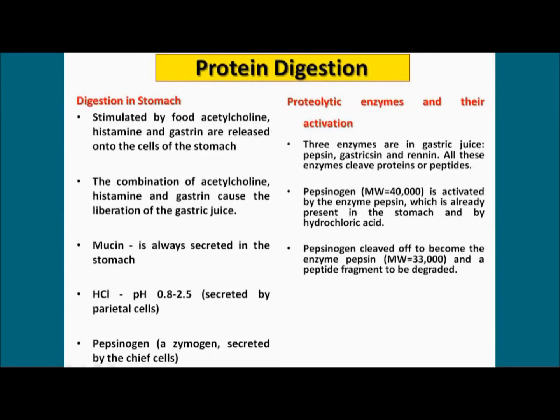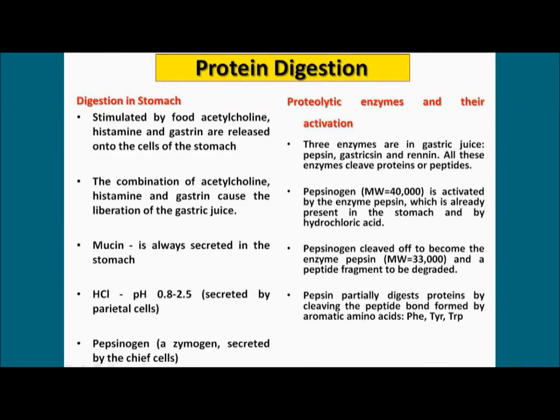The next part: this pepsinogen, a zymogen, is cleaved off by the enzyme pepsin itself to form the enzyme pepsin and a peptide fragment. This peptide fragment is further degraded. It is of no use in the human body.